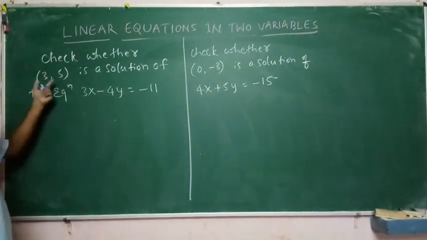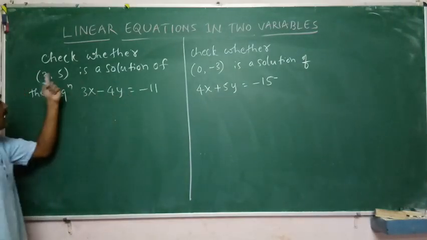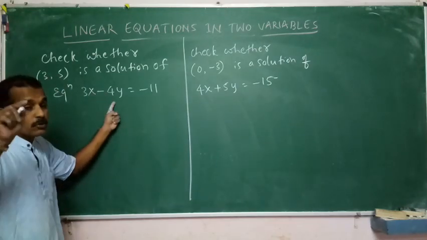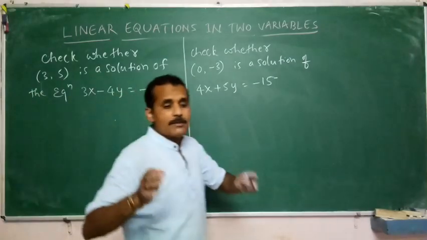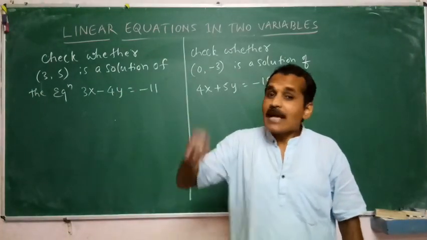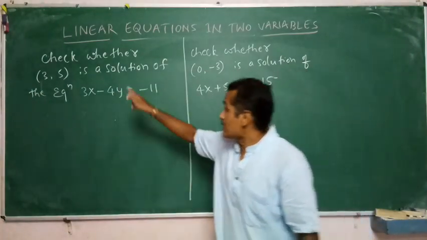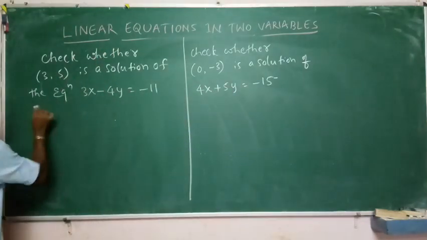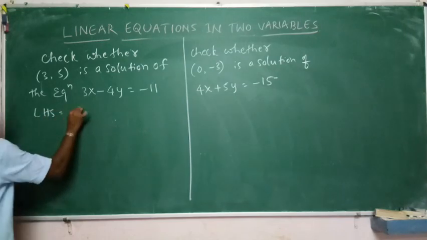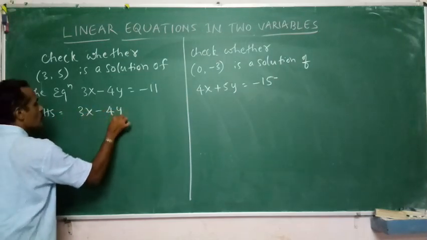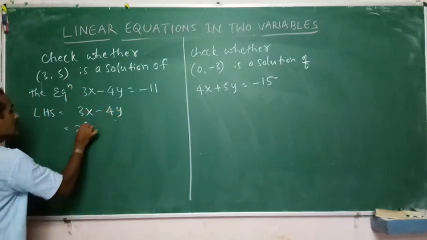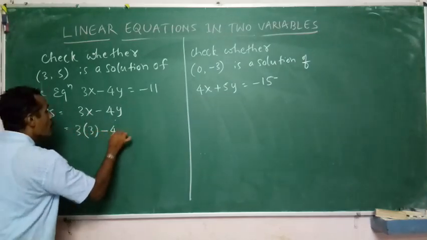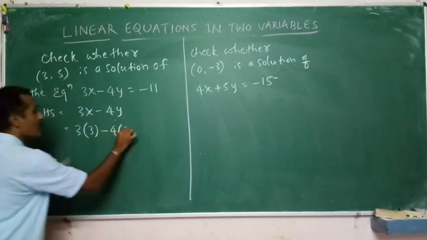Okay? What do they say? This is the given equation and check whether this is a solution for this or not. I have told you a linear equation in two variables has infinite number of solutions. Among those infinite number of solutions, they are asking you, is it a solution? Let us check. Let me start with LHS is equal to 3x minus 4y, which is equal to 3 into x value 3, minus 4 into y value 5.